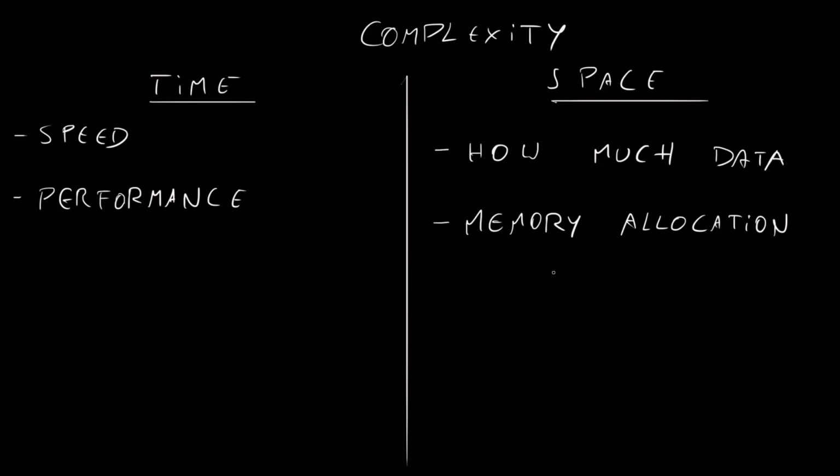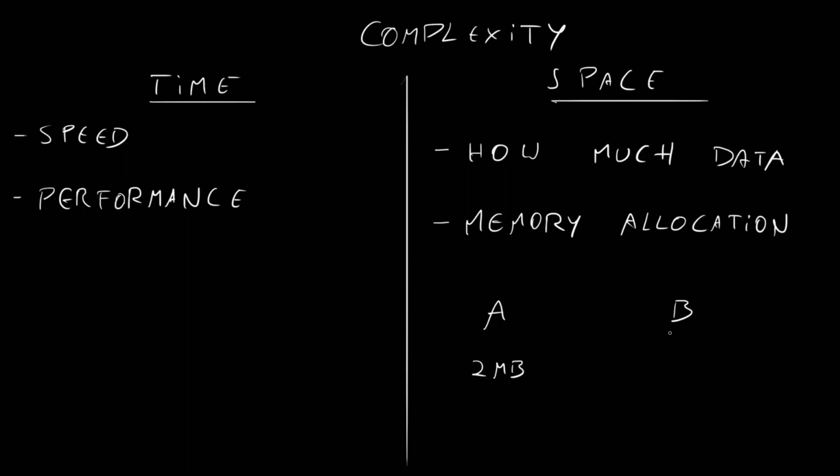So usually if an algorithm allocates twice as much memory as another algorithm, we would say that this algorithm has twice the spatial complexity. So you have algorithm A, it allocates 2 megabytes of memory, and algorithm B, to perform the same operation, to give exactly the same result with the same input.